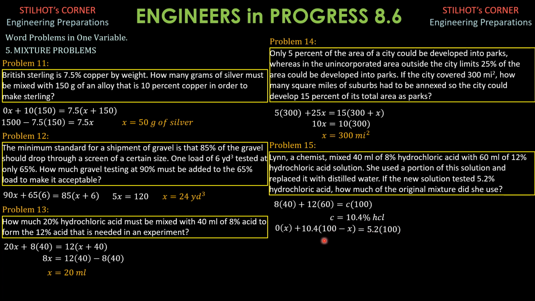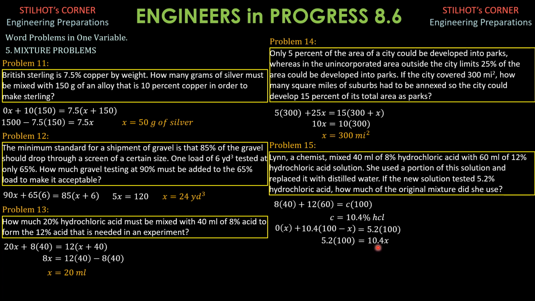So negative 10.4x to the right, so it is 10.4x. Then 10.4 times 100 minus 5.2 times 100, that would be 5.2 times 100 on the left side. So 5.2 times 100 equals 10.4x on the right side of the equation.